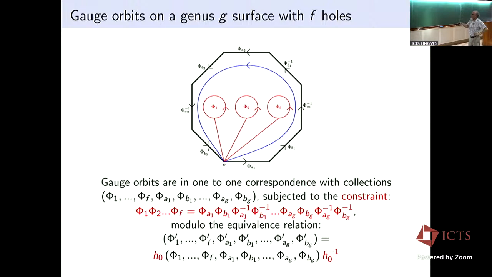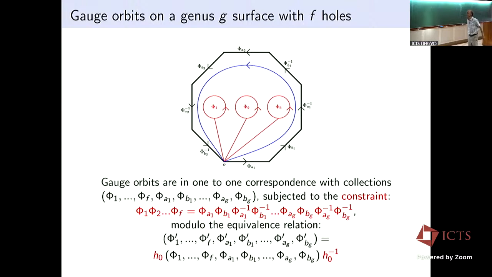Another description, for example, is this genus 2. You take this octagon, and the idea is that each corner has to be identified with this point O, and then you add handles. For example, this closed loop here is a kind of Aharonov-Bohm flux that has to be identified with this one with a reverse orientation.